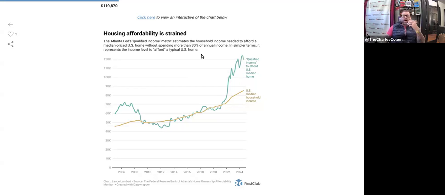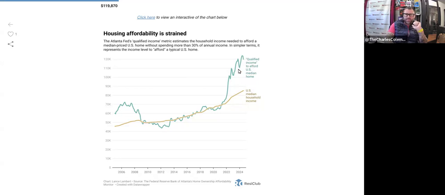When we're talking about conforming loans, they're looking for lower than 30%. When we're talking about your debt to income ratio, your PITI, all those different things, we're talking about less than 30%. So here we are. Here's your median home in the United States. Again, we're in a skewed state because we live in one of the most expensive states in the nation.